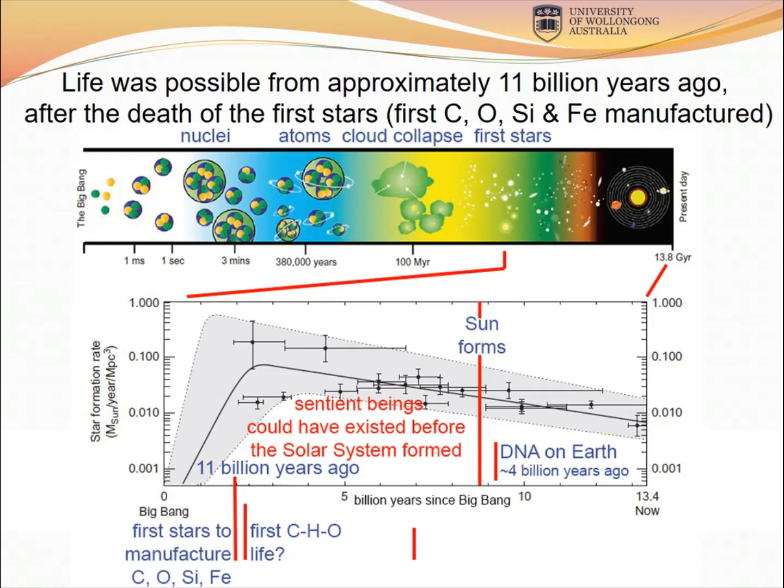It takes about 4 billion years. So if you translate that back to the possibility of the first life in the universe, it suggests that there probably were already sentient beings in the universe long before our solar system formed. So that's just a little dip into astrobiology, and we'll now come and look at our own planet.